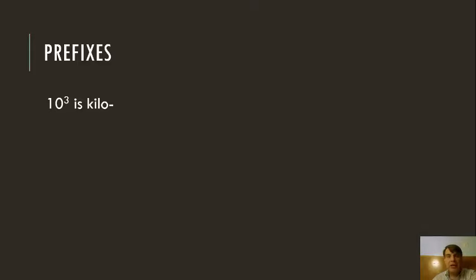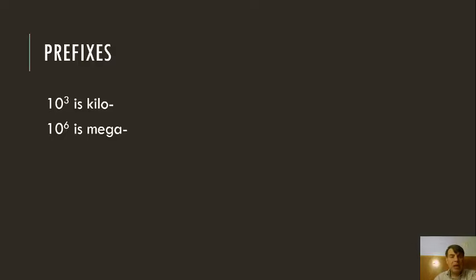A kilovolt in electricity is 1,000 volts, and so forth. 10 to the sixth is mega. So that's a million times whatever. So a megawatt is a measure of power having to do with electricity often. So that's a million watts.